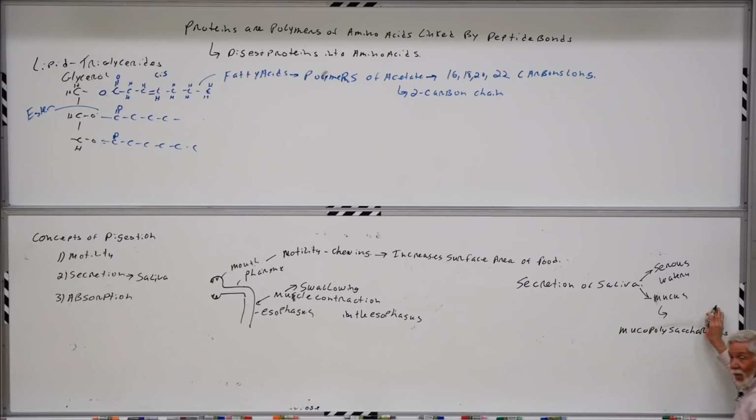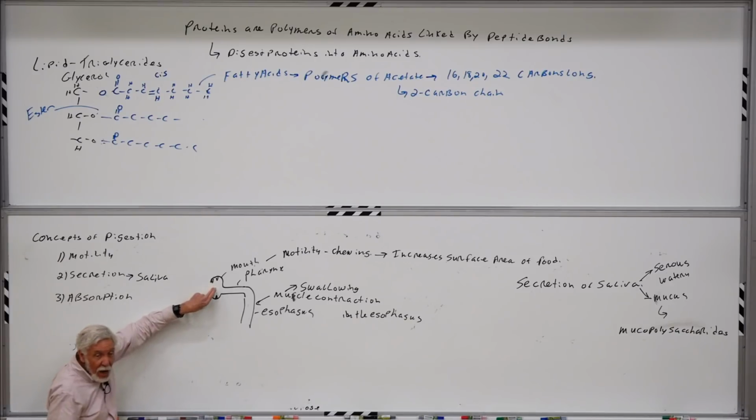Now, if you get down into the weeds of this, you'll find that some of our salivary glands are almost entirely dedicated to generating this watery or serous saliva. Others are dedicated to making the mucus. But after all, and we know this intuitively, if you take a bite of cracker, you'd better moisten it before you swallow it. And you also know that as part of the swallowing, you're going to make it slippery, and that's the mucus.